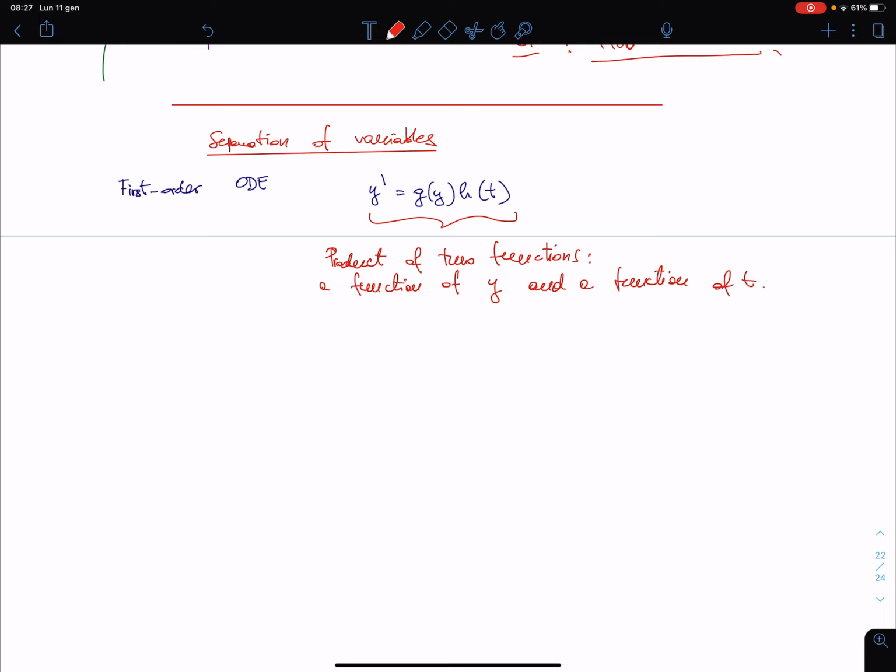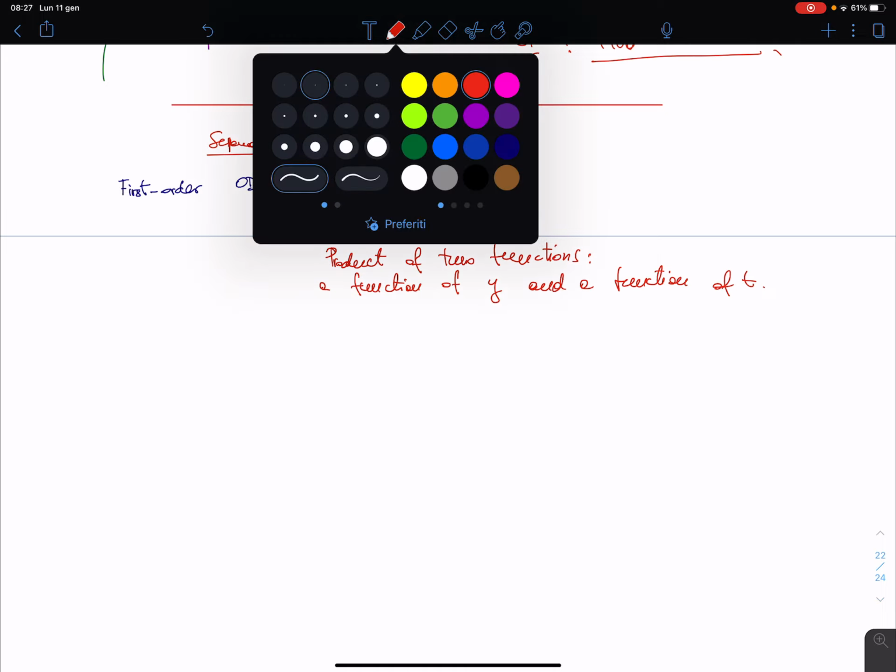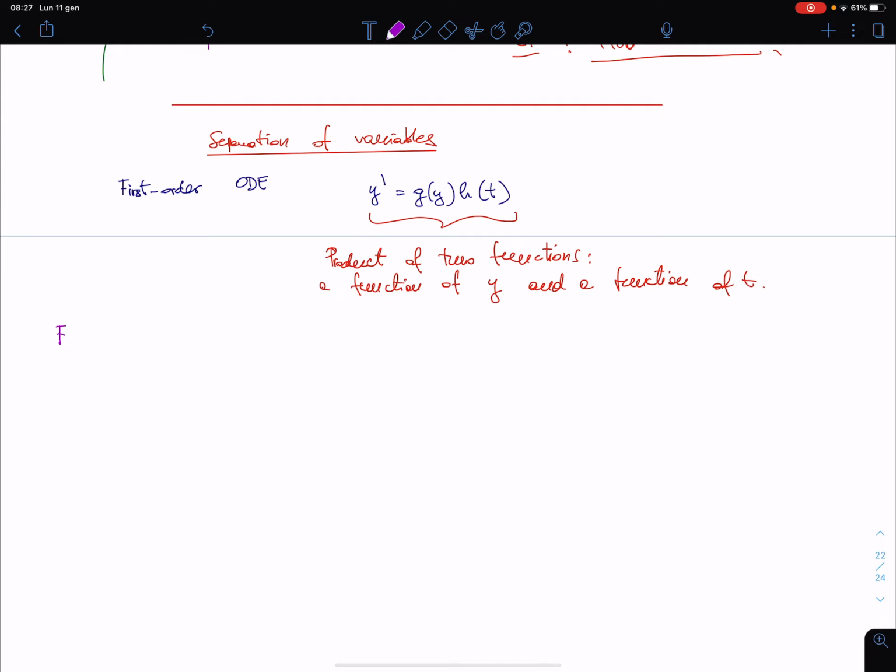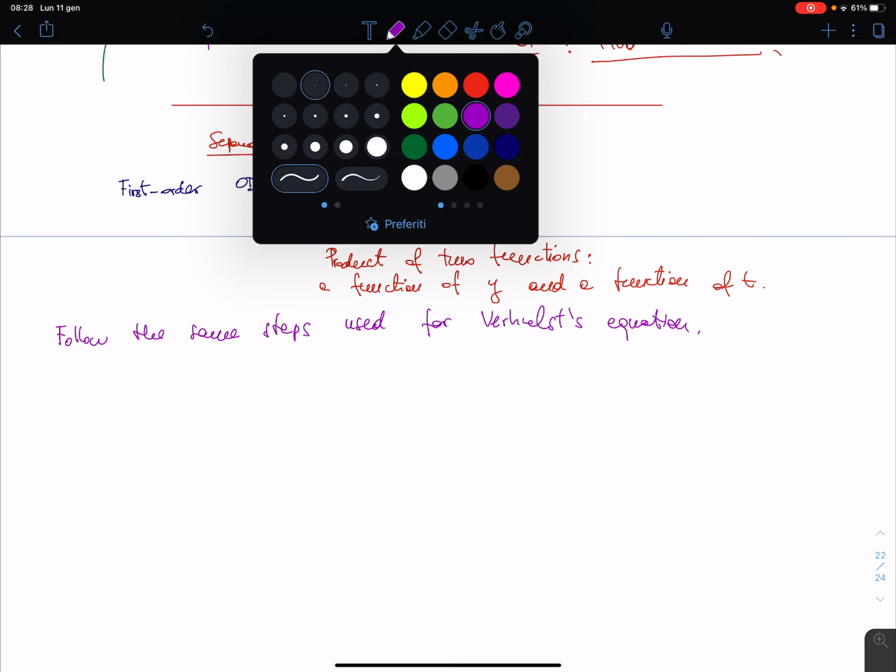These are the two functions. And here we have to follow the steps used for the Verhulst equation. What were such steps? Let me recall them.